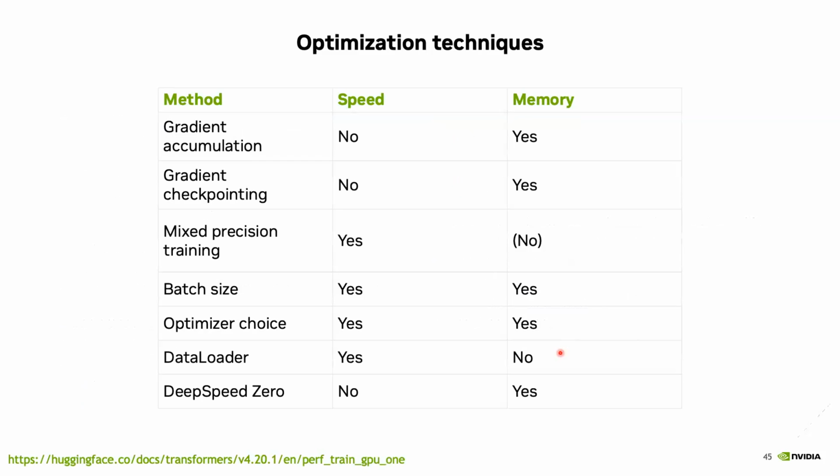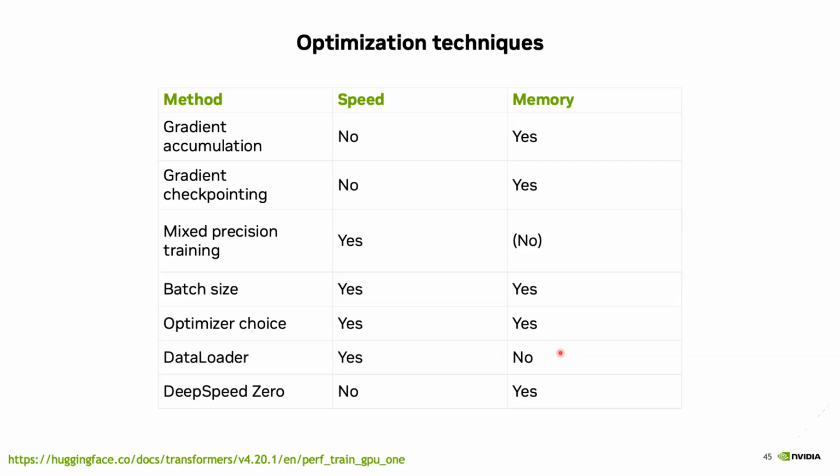Another example is about the trade-off, or how I can reduce speed and memory for different techniques. Gradient accumulation, we saw that it really doesn't speed things up, but you can use it if you have limited memory. Same for gradient checkpointing. For mixed precision, you are getting a faster forward and backward with very little memory cost.